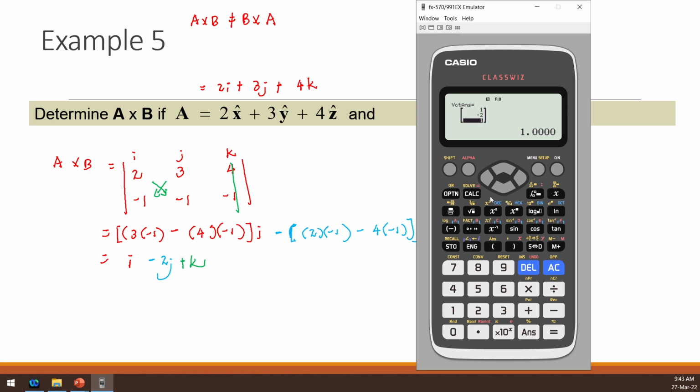If you want to do the dot product, I clear it. Option 3, and then the option for the dot product here, option number 4. The dot product is -9.